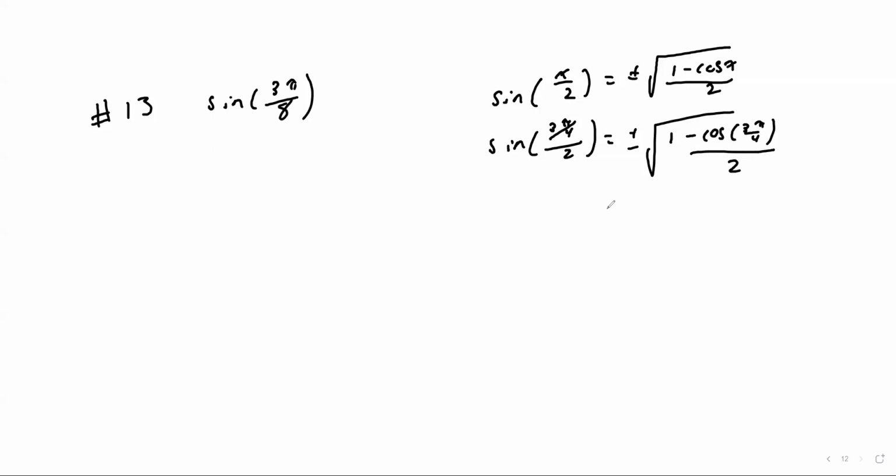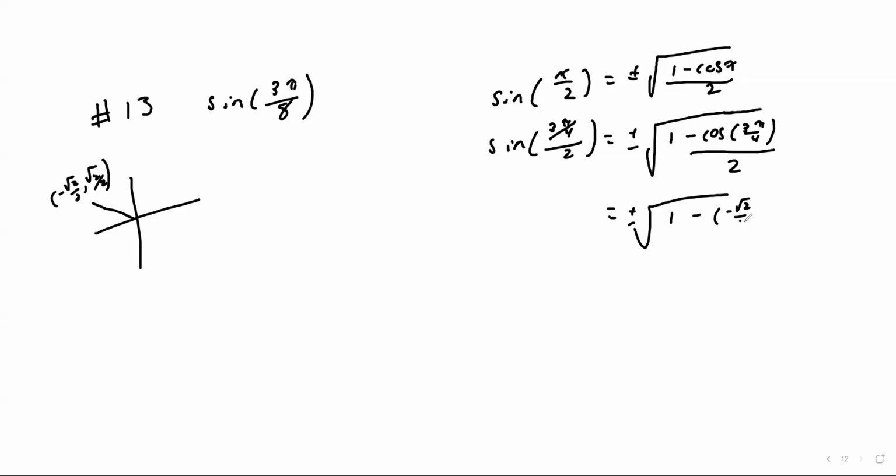We know what cosine of 3 pi fourths is. So that will be 1 minus cosine of 3 pi fourths. Remember, this is 1, 2, here's 3 right here. That is negative square root of 2 over 2, comma square root of 2 over 2. So this right here will be negative square root of 2 over 2, all divided by 2.